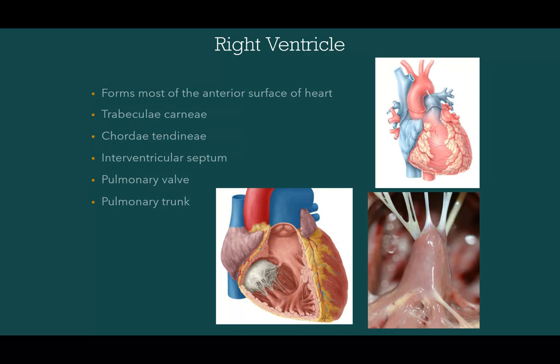And then we can think about how blood is going to move out of the right ventricle. When it moves out of the right ventricle, it's going to go to the pulmonary circuit. So it's going to go to the lungs. So because it's going to the pulmonary circuit, the valve and the vessels taking the blood and blood passing through are going to be called pulmonary as well.